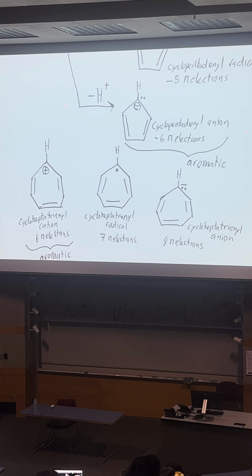All right, so I kind of alluded to last class period that there's a whole host of other aromatic molecules. There's a whole host of fused bicyclics that I'm going to show you that are aromatic.